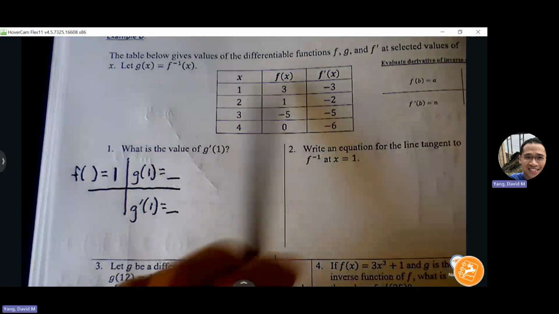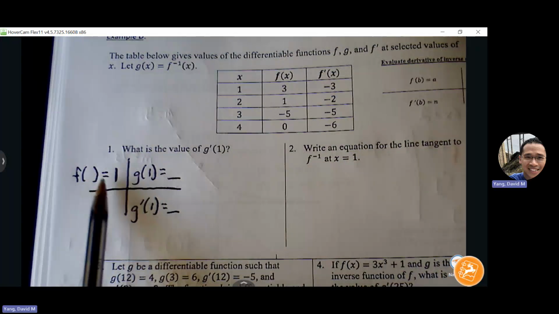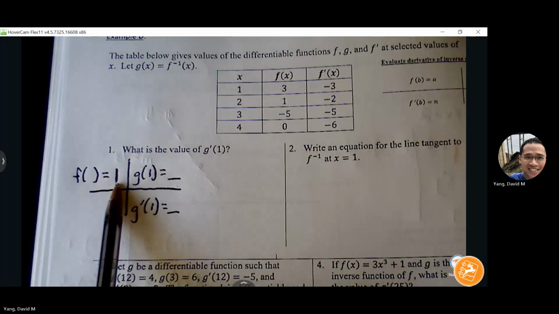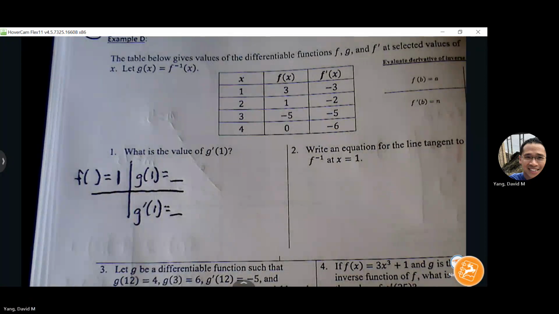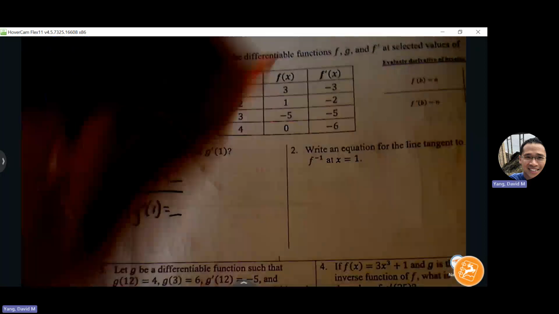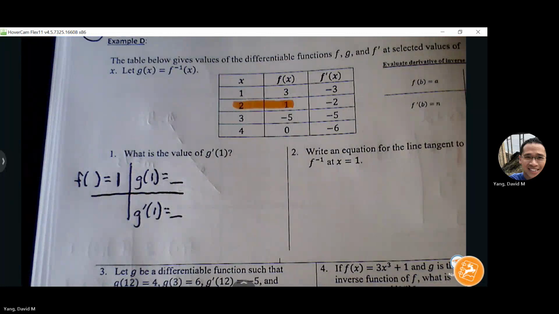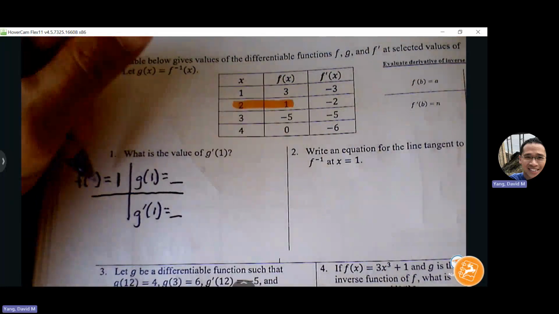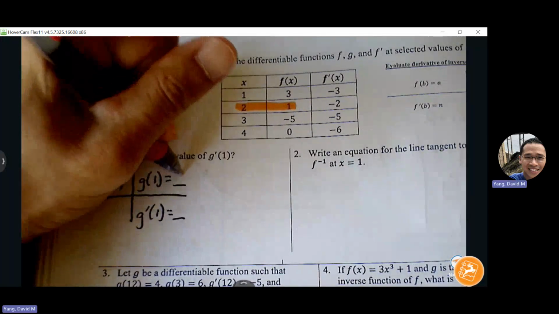So I can use this chart to figure out what ordered pair is going to be something comma 1. So what ordered pair can I find from the table? 2. Yeah. That's enough clue for me to fill in this chart here. f of 2 equals 1. g of 1 is equal to 2.